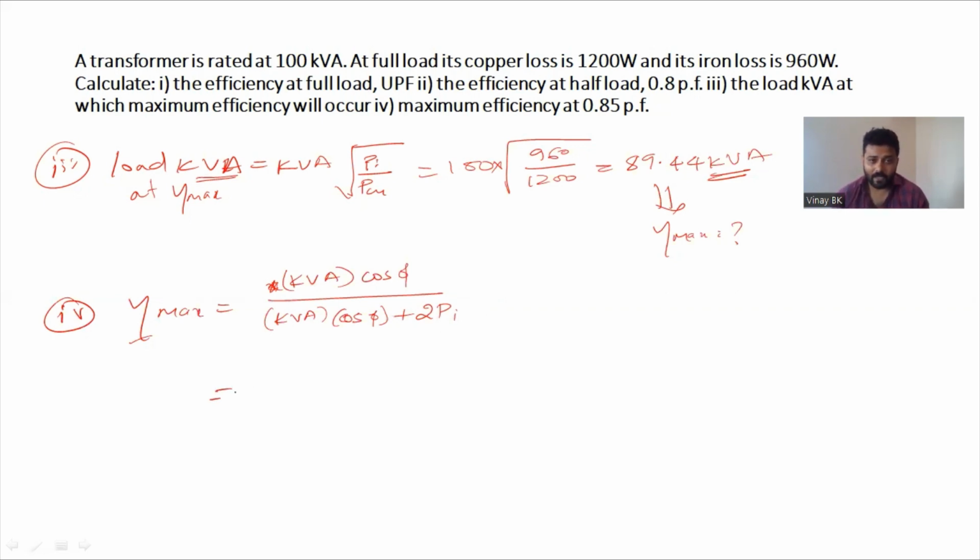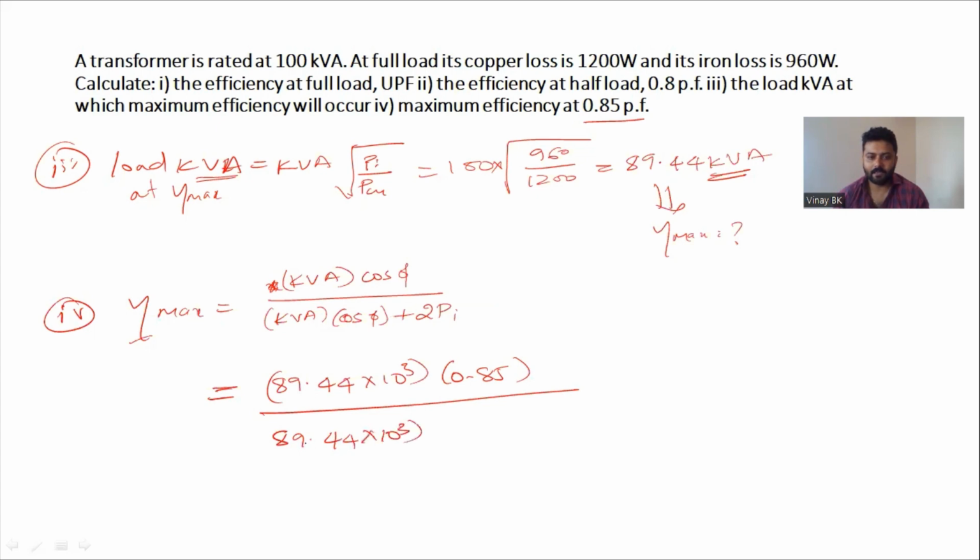So what is the kVA at maximum efficiency now? 89.44. Remember, 89.44 into 10 to the power 3, at power factor, what did they ask? At power factor of 0.85, divided by 89.44 into 10 to the power 3 into 0.85 plus 2 into, remember, Pi equals PCU.